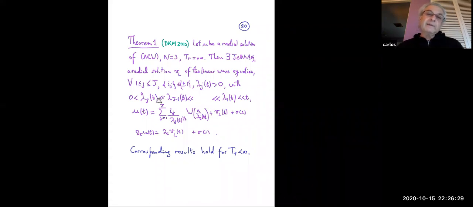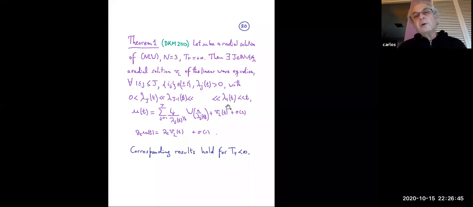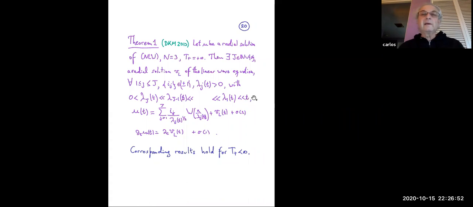And this double inequality sign means that the ratio of lambda j minus 1 over lambda j tends to infinity as t tends to infinity. So the different scalings decouple, but they're also all much smaller than the self-similar rate given by t, which is the opening of the light cone.